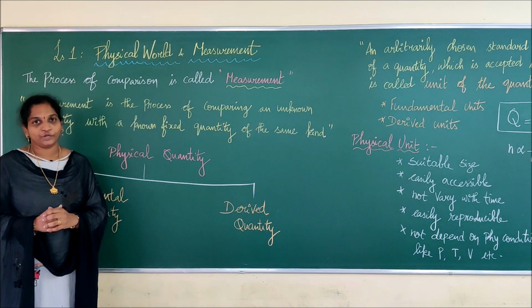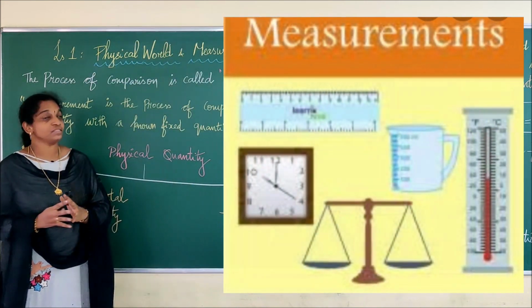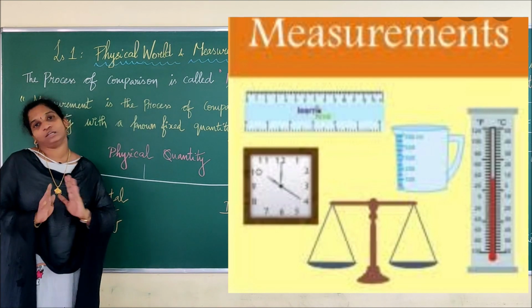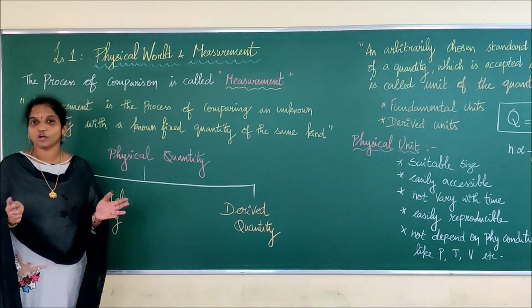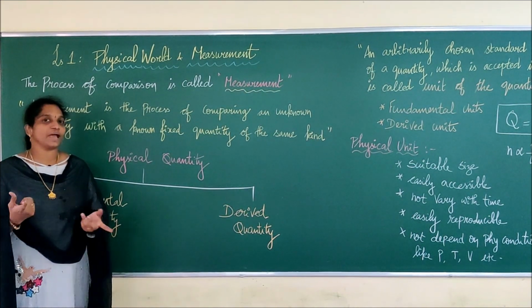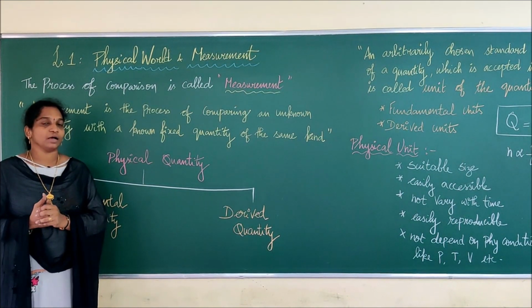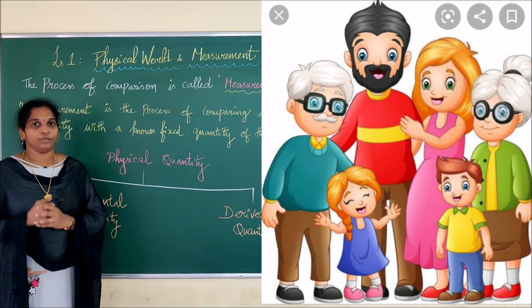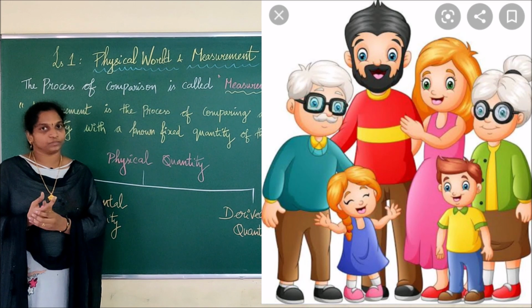Now we are going to enter unit one, that is measurement. Measurement is a very important and needed thing in our life. If measurement is not there, we will not be able to do anything else, right? So if I ask you who is taller in your home, immediately you will answer your father, right?